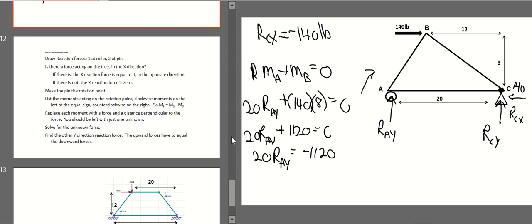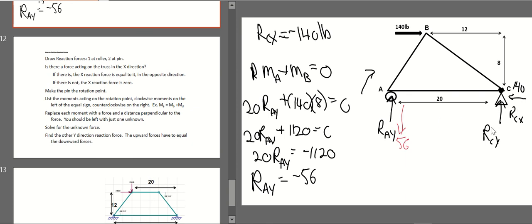And I get that my RAY equals a negative 56. Okay? So that means RAY is actually 56 pounds going down. So I got that one.